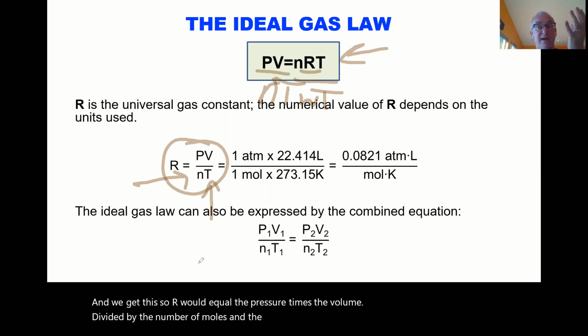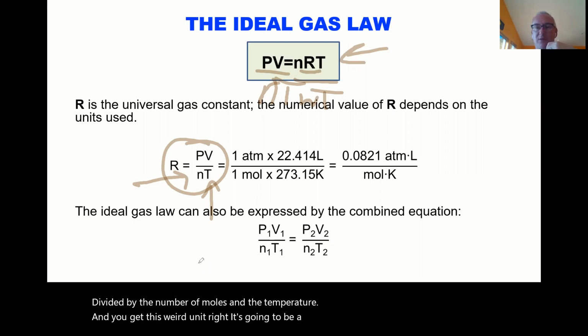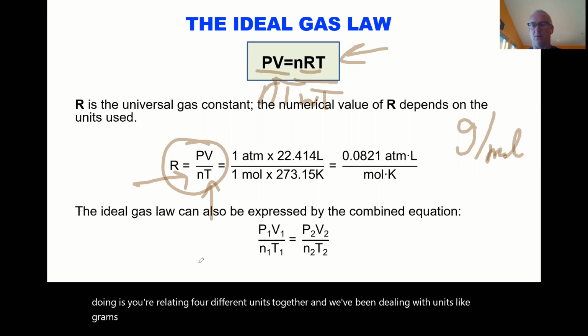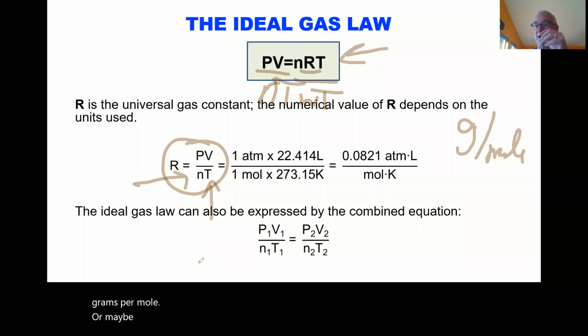And you get this weird unit, right? It's going to be a very weird unit because what you're doing is relating 4 different units together. We've been dealing with units like grams per mole. Now we've got one with 4 units in it, which makes it difficult to deal with sometimes.